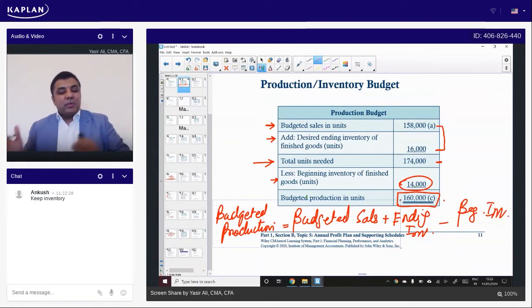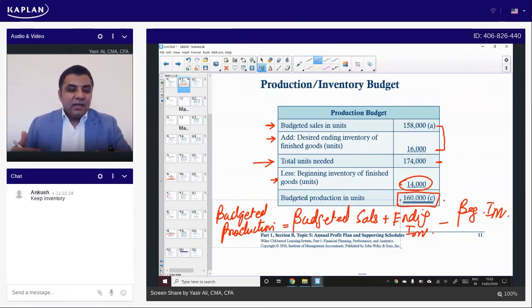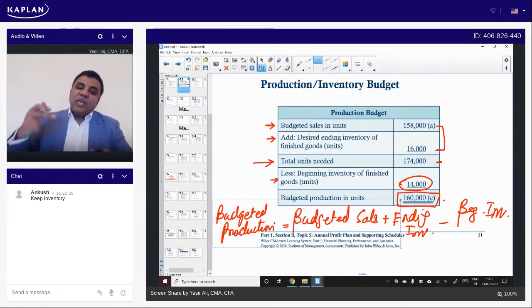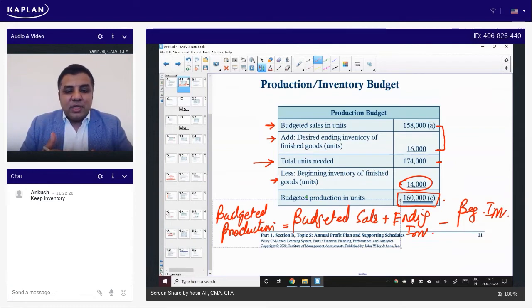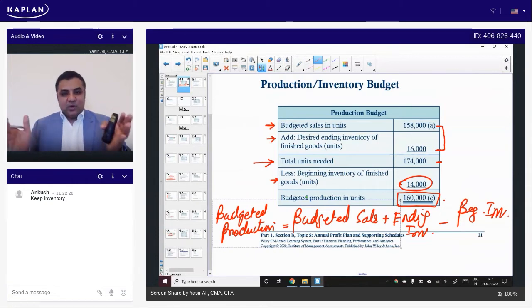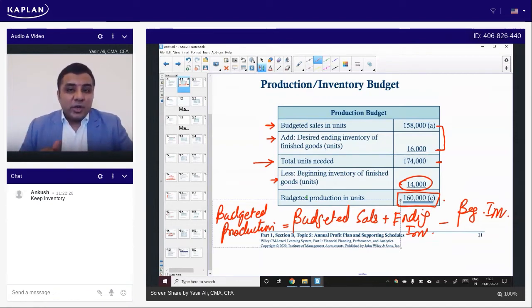That is the formula, and we will use this formula again and again. As I told you, you will be given the budgeted sales, and information regarding how much ending inventory and beginning inventory should be. So it's a simple, straightforward calculation. We can calculate budgeted units to be manufactured. We are talking about finished goods units.